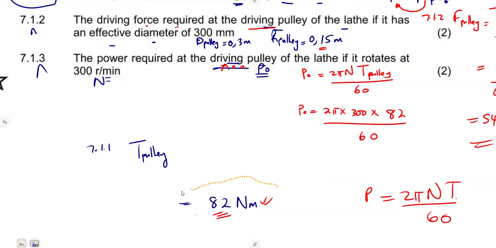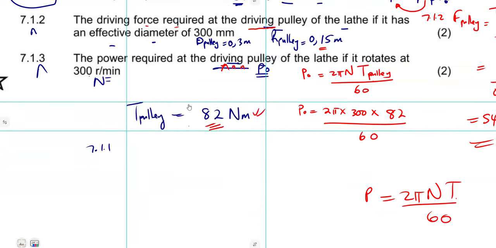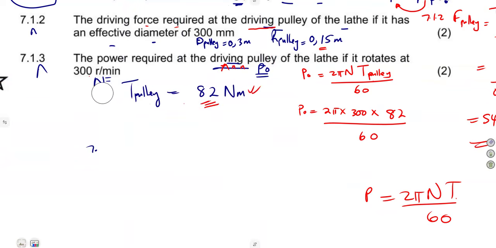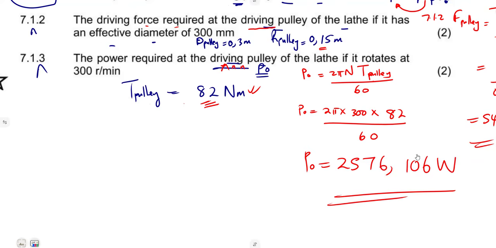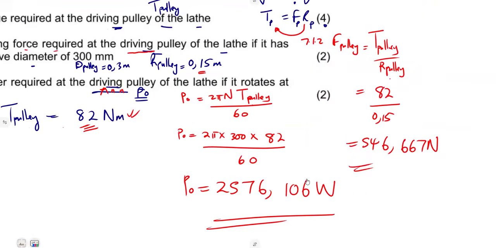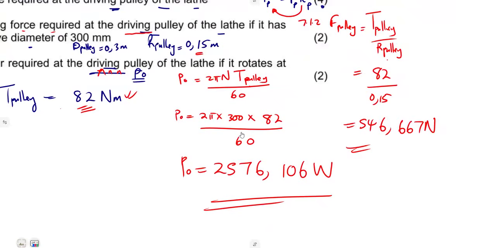You simply need to play around with such typical questions, understand what you are given. So that was going to give us the output power of 2,576,106 watts. This is power measured in watts. So that's your 7.1.3.